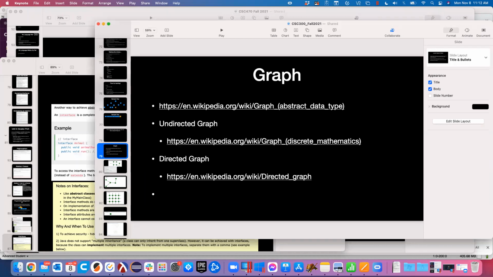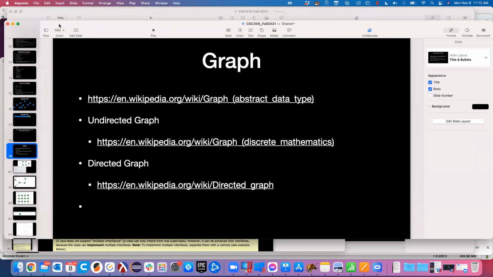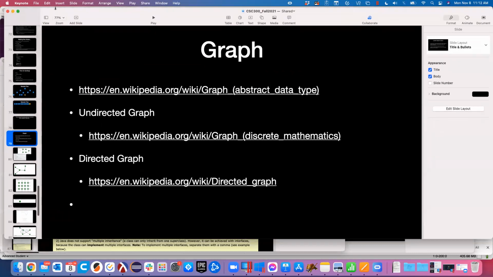So let's start talking about graphs. I'm going to mention graphs at kind of a high level, and then we're going to look at examples of a whole bunch of different kinds of graphs, but we're going to mostly ignore a lot of them is what we're going to end up doing.